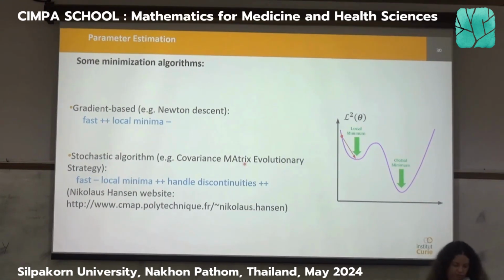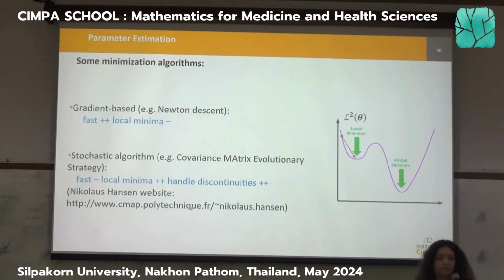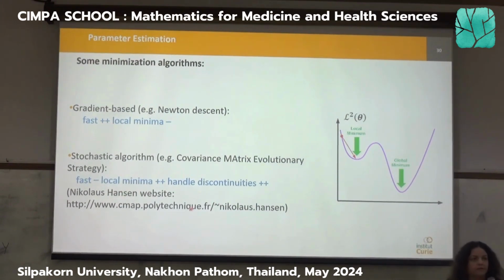I really encourage you to go on the website of Nikolaus Hansen, who derived this very nice algorithm, and he's still updating the algorithm every day. It's not fast as compared to the BFGS, it's way more computationally expensive, but it clearly handles this type of situation better.